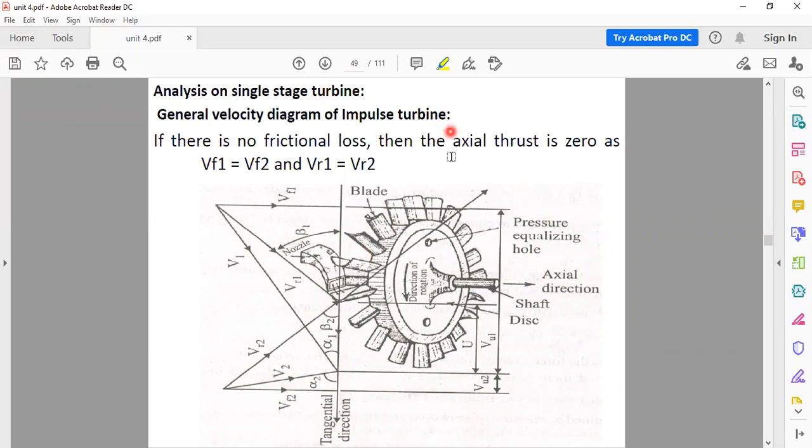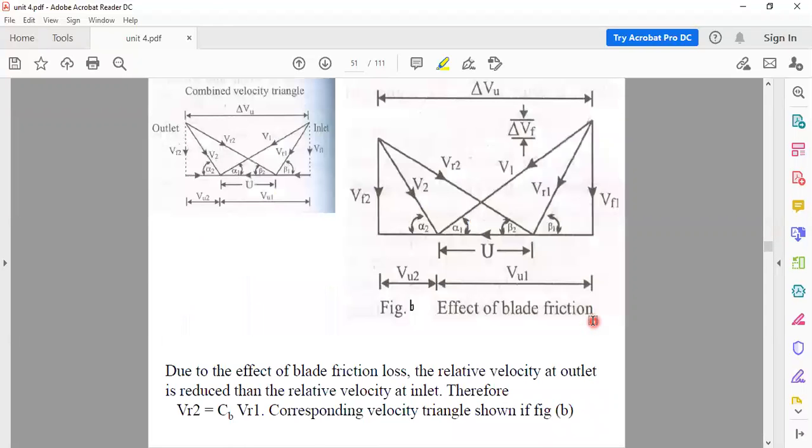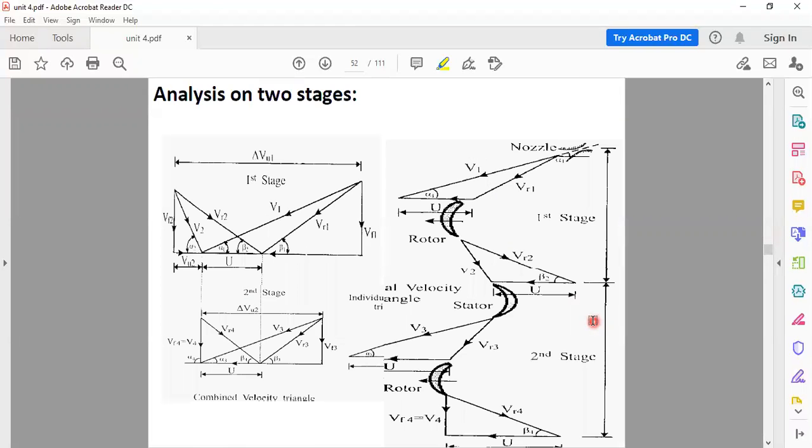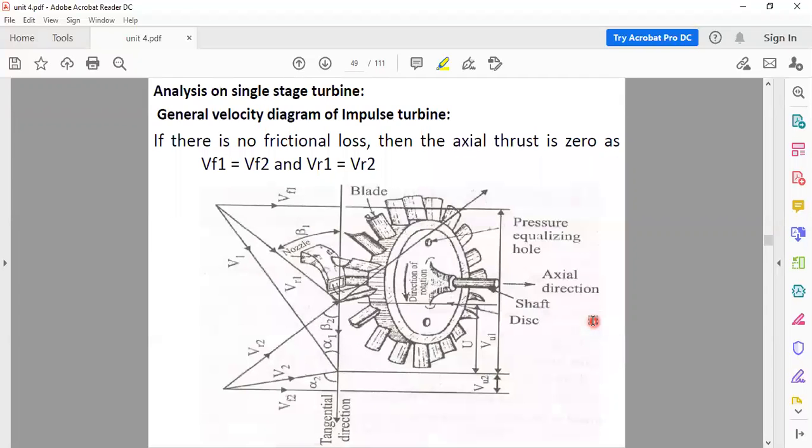Now, analysis of a single stage turbine. General velocity diagram of an impulse turbine.